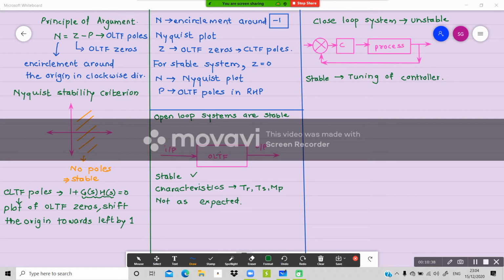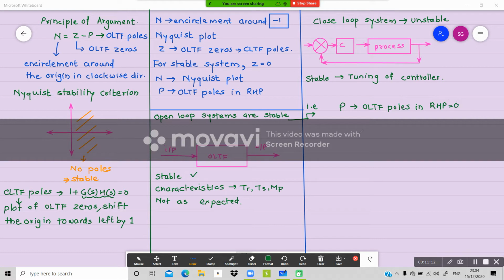So what I want to tell you from all these things, whatever I am writing, keep in your mind that normally 99% of all OLTF systems are stable systems. From this line we can say that the value of P, which is OLTF poles lying in RHP, normally you will find is equal to 0.